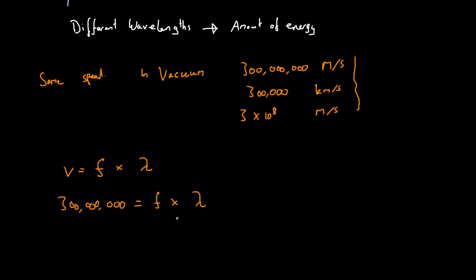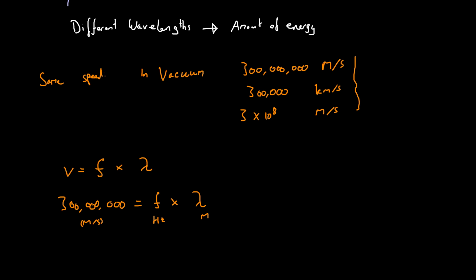Now what's very important here is we need to make sure that the units match. So because this is meters per second, frequency will be in hertz, and wavelength must be in meters because we have meters per second, so we need meters. If we were to write down the speed of these waves in kilometers per second or whatever, we'd have to write the wavelength in kilometers, okay? Just need to make sure that those units match.